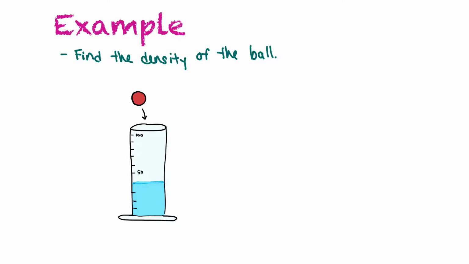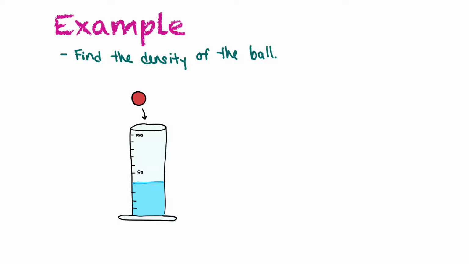So the next thing we need to do is find the volume of the ball. And because the ball is round, it's a little bit harder to find the volume. So one way you can do that is to find how much volume that object displaces if you place it in water. So what I'm going to do is drop the ball into a graduated cylinder and then see how far the water level rises.